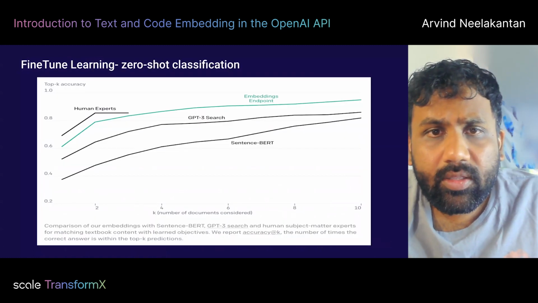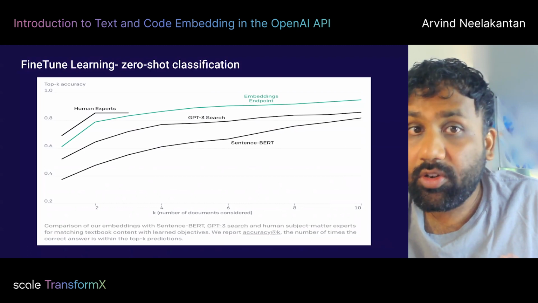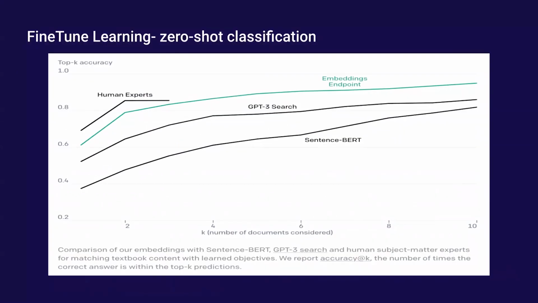The final task I want to talk about is zero-shot classification. FineTune Learning is an edtech company that is used by children. Here they wanted a solution where if you have incoming video or text educational material, they want to automatically tag them into specific categories.